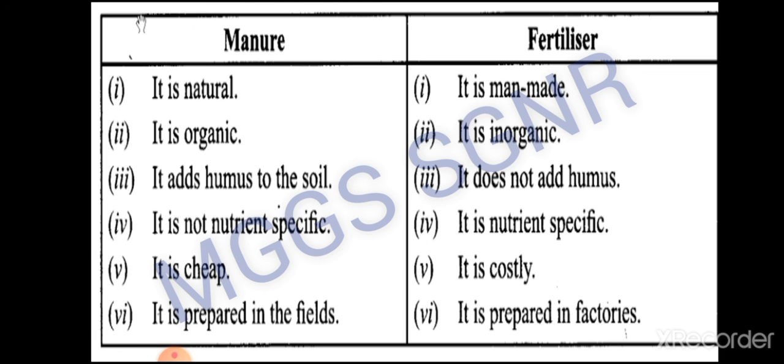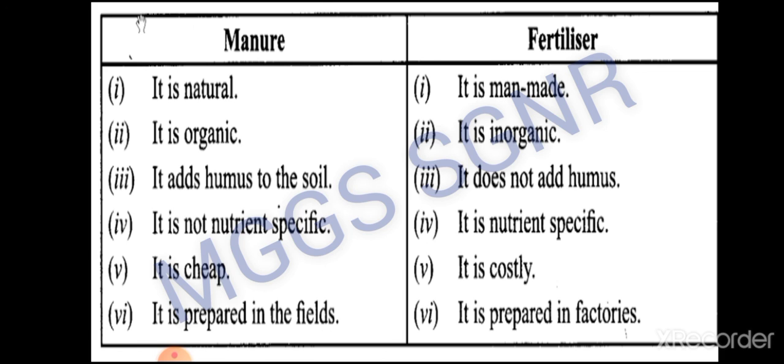Even the manure is very much good for the growth of microbes which are present in the soil, which are friends of farmers. But fertilizers are not beneficial for the microbes present in the soil.